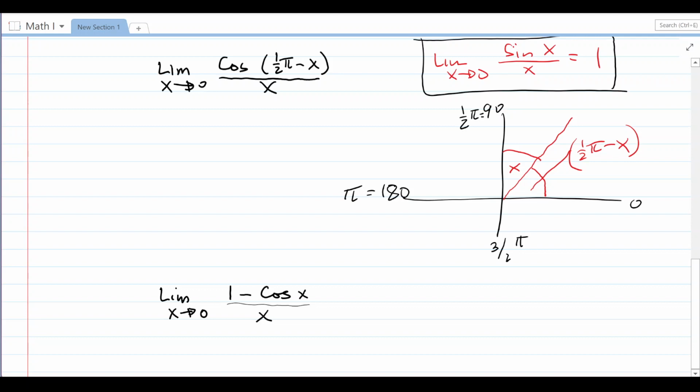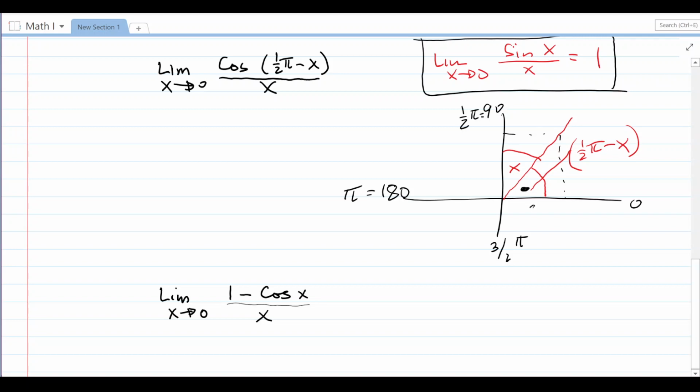So what's the cos of that? By definition, cos of this angle is defined as the value of whatever is the value here.